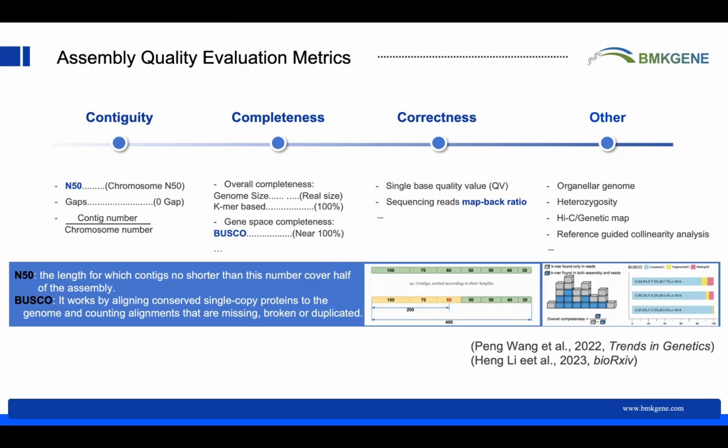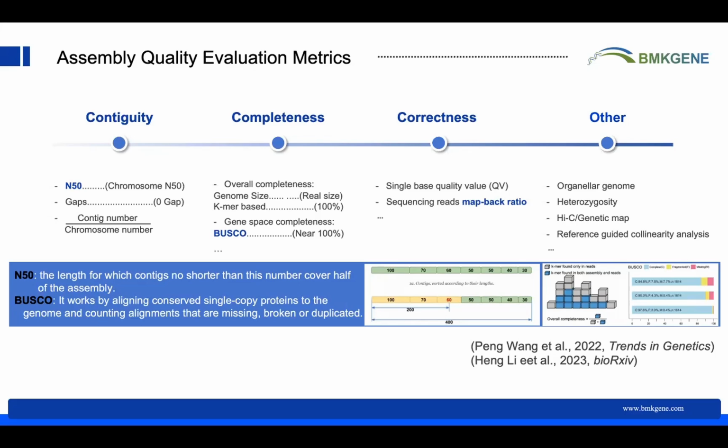If it's a perfect, finished genome assembly, you can see just one contig, and that one contig can correspond to one chromosome. Then the N50 could be equal to the chromosome N50. Also, if one chromosome is constructed from very few contigs, the number of gaps will be very low.